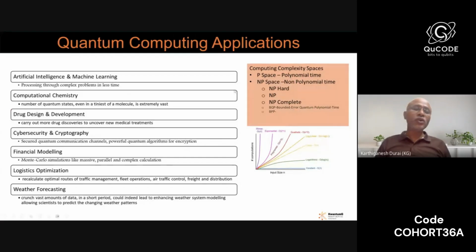As I told you, classical systems are good at solving polynomial time problems, but there are some problems which are not possible to be solved in polynomial time. For example, breaking a cryptographic key. That's why we are confidently using our ATM pin and passwords, securing our information. Why? Because the hacker cannot easily break the cryptographic key.